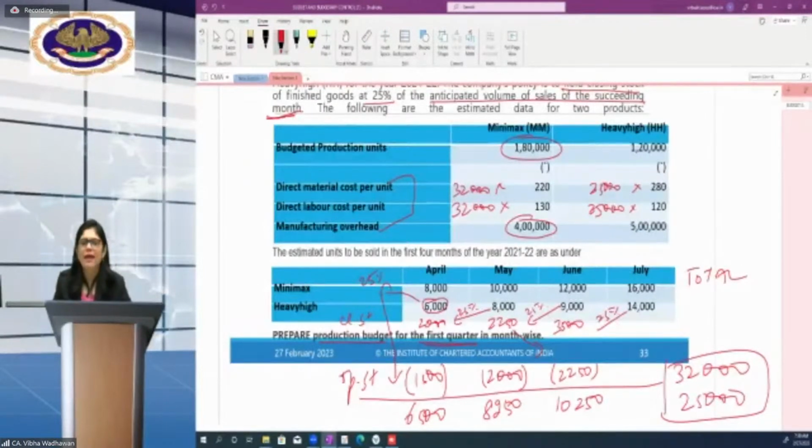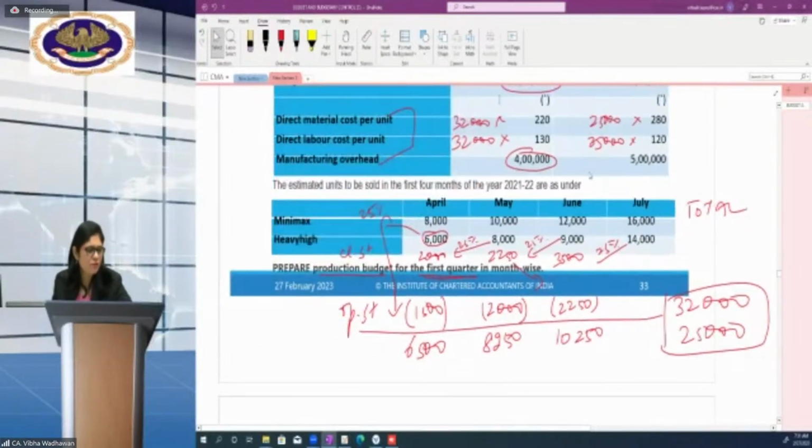So you have to calculate the absorption rate: 4 lakh divided by 1,80,000. You will get the absorption rate. You can calculate the absorption rate, or you can do it total-wise also. So just calculate the absorption rate, all of you, and then we will add the manufacturing overheads to it. Just do it.